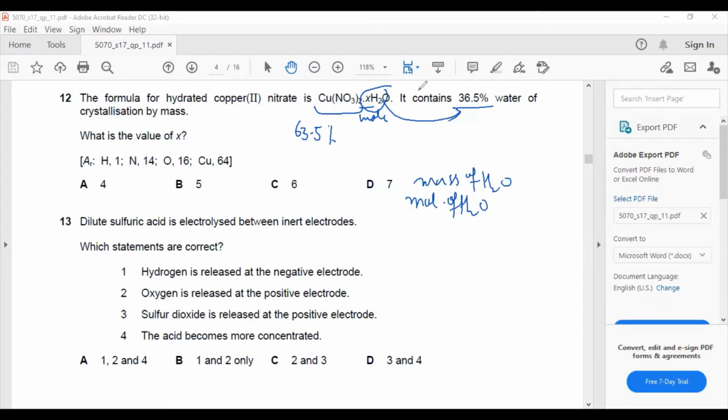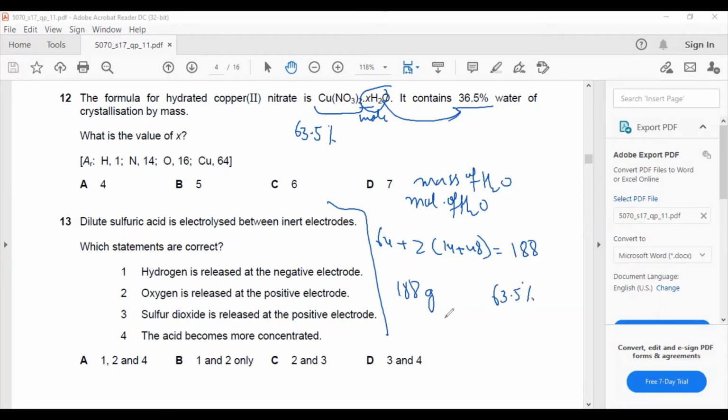How? Let's do it here. Copper atomic mass 64 plus 2 into 14 plus 48. It's like 188. So 188 gram is equal to how many percent? 63.5%.